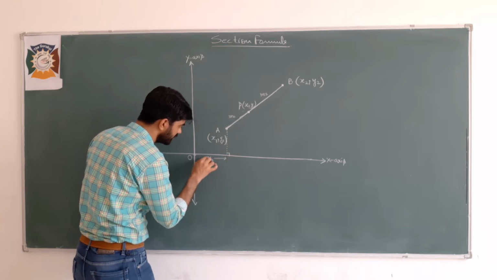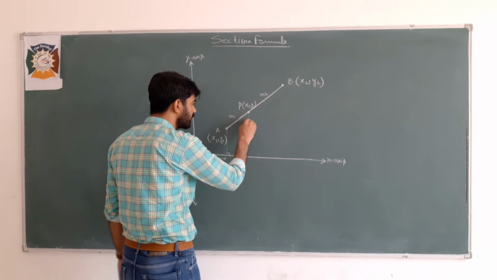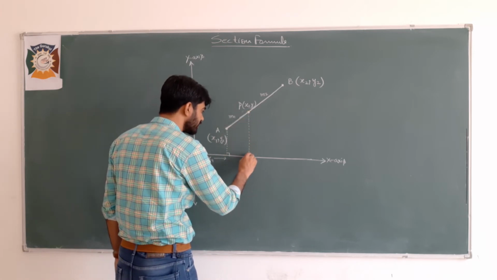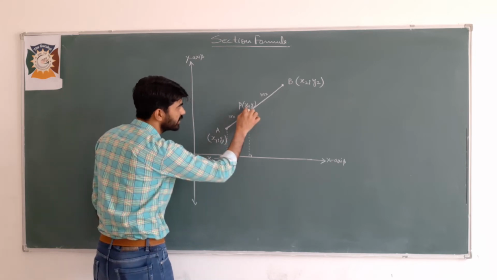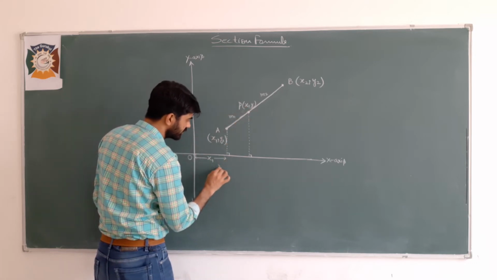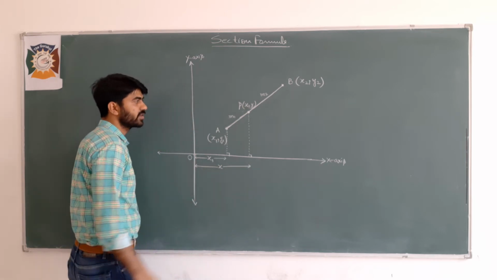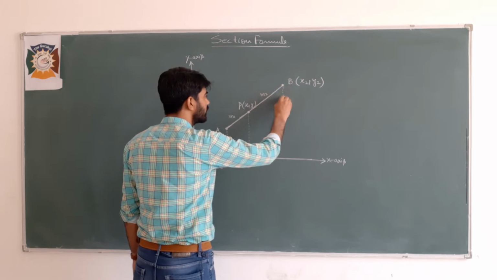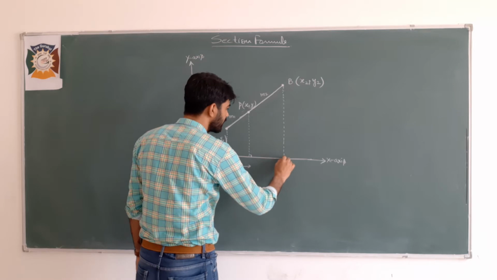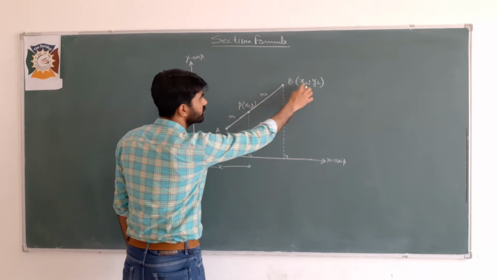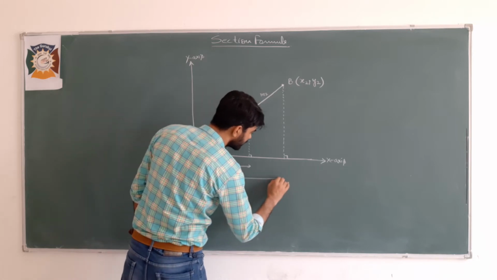If I draw a perpendicular from point P on the x-axis, this distance is equal to its abscissa, which is x. If I draw a perpendicular from point B on the x-axis, then this distance will be x2.